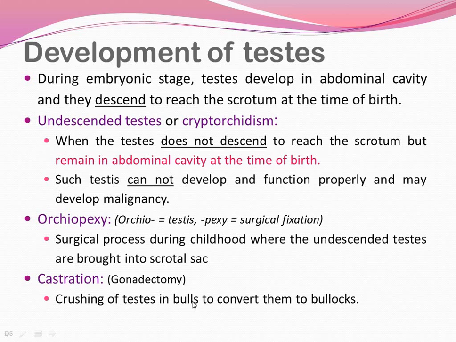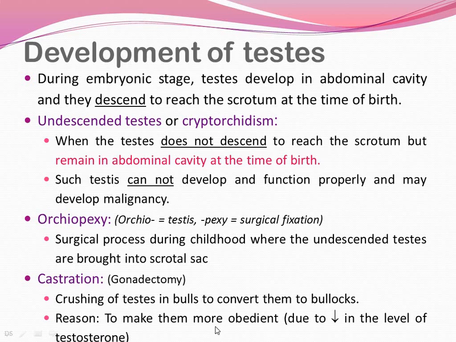Say, for example, bulls are converted into bullocks. The reason is that if you remove the testis, testosterone values will be lower. If testosterone is less, the aggressive response in males will also be less, and so they become more obedient to the person taking care of the animals.